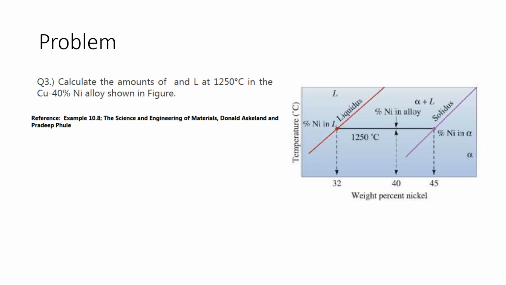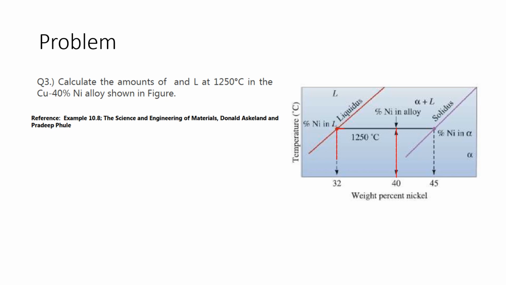The 40% alloy in this problem is mentioned over here. We can use a tie line, as has already been drawn, which intersects the liquidus and solidus line. Just below the intersection, draw a perpendicular.